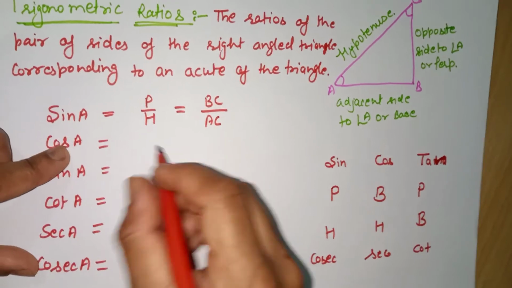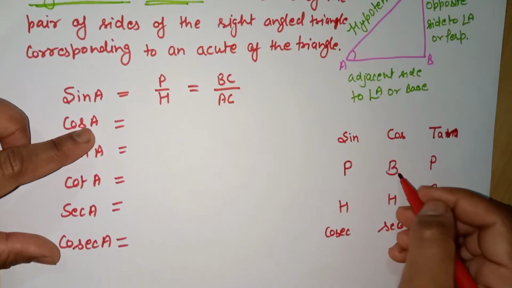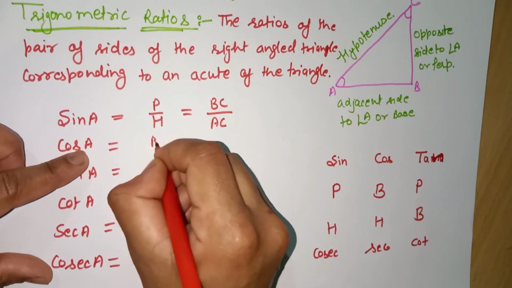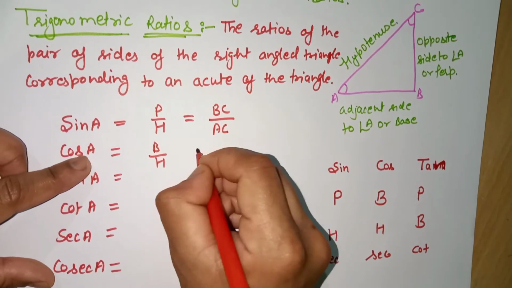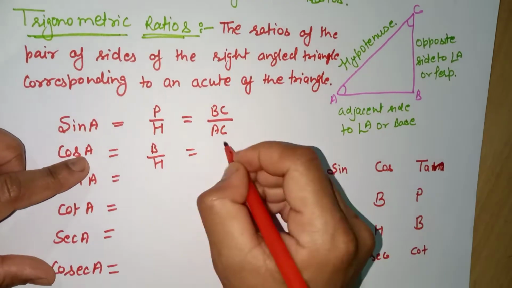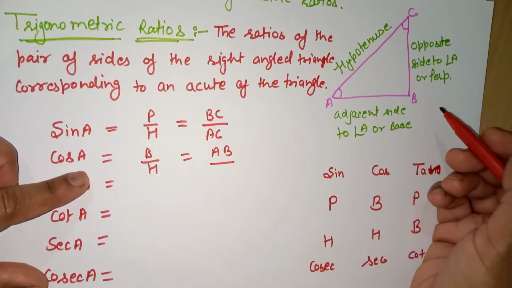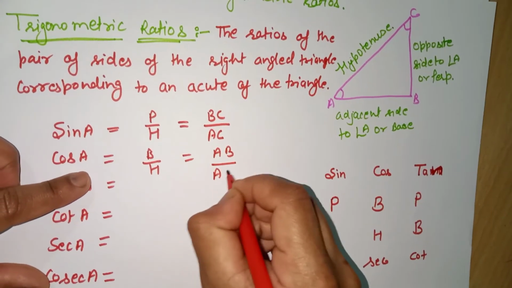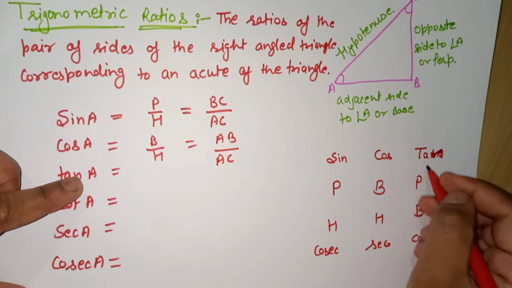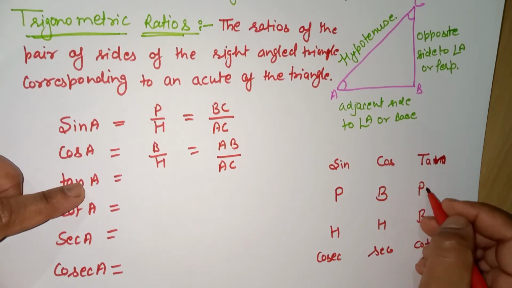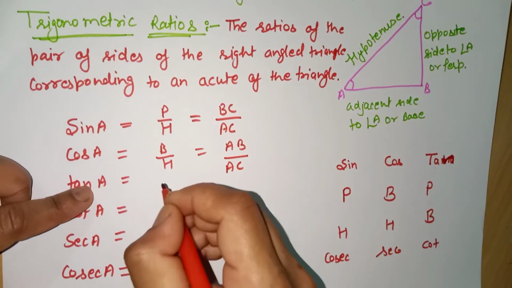So the value of cos A is equal to base upon hypotenuse. Here the base is AB and the hypotenuse is AC.